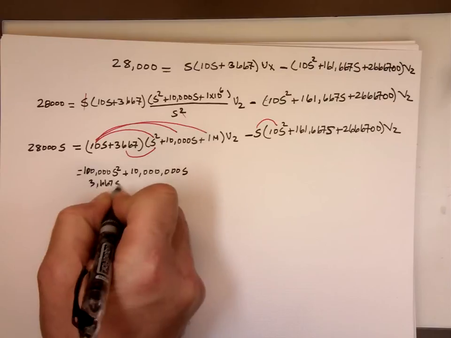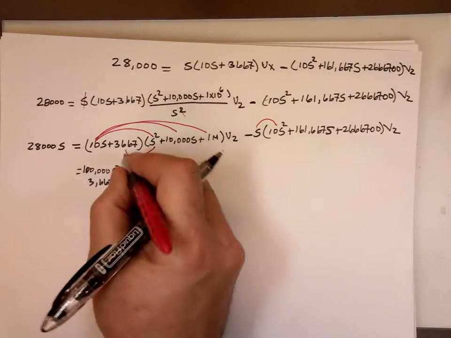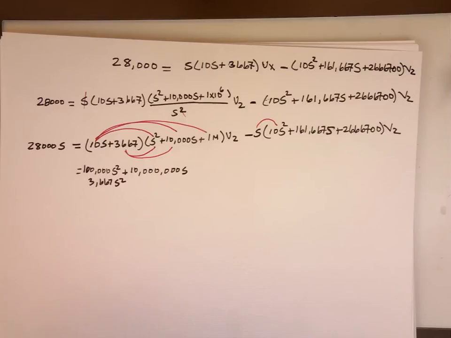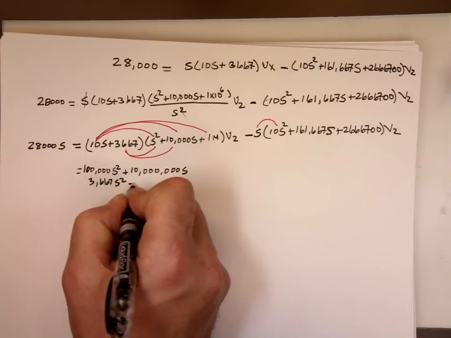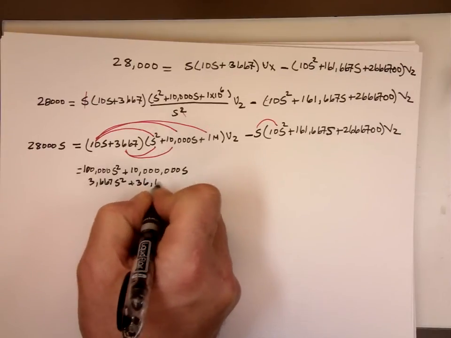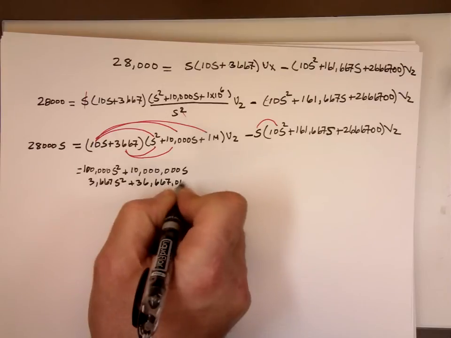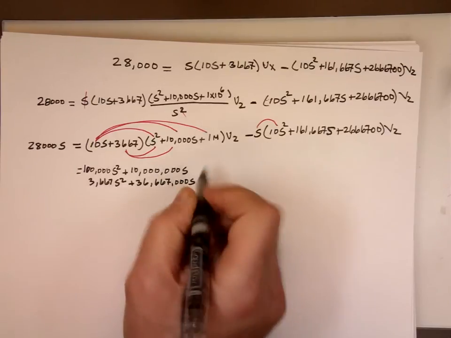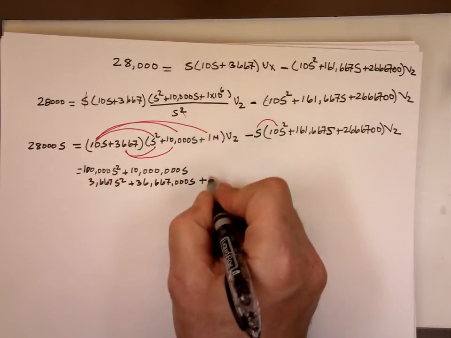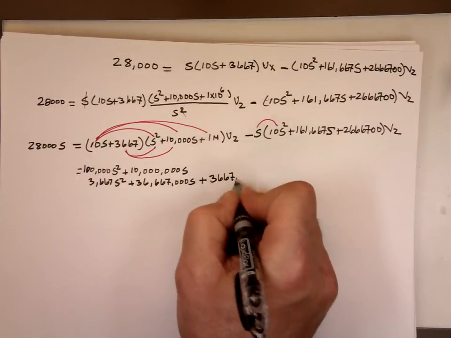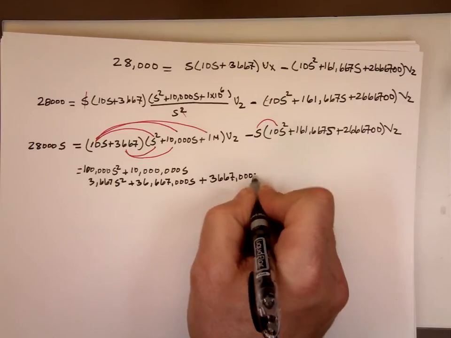And what about this one? That is 3667 times 10,000. Move the decimal point 3 places to the right. 36,667,000 S's plus, oh God, 3,667 million. All of that with V2 in them. All of it.